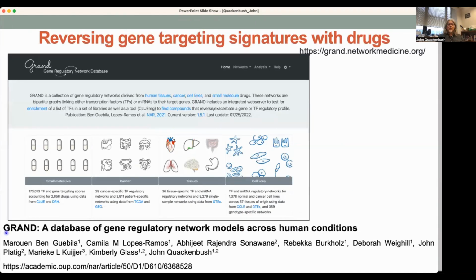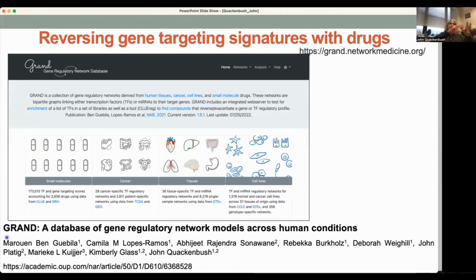Maro and Ben Gabilla, who I mentioned before, worked to assemble now well over 200,000 gene regulatory network models that were either built in various studies we did or as specific analyses that he did to pull together data from the connectivity map and CLUE. And he built these into a data resource.